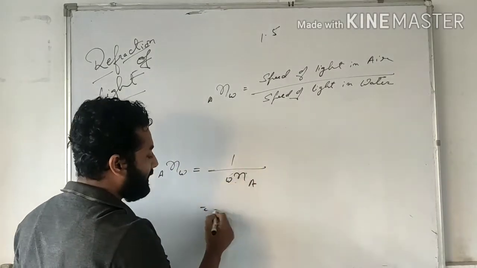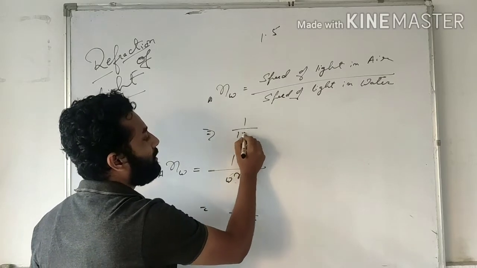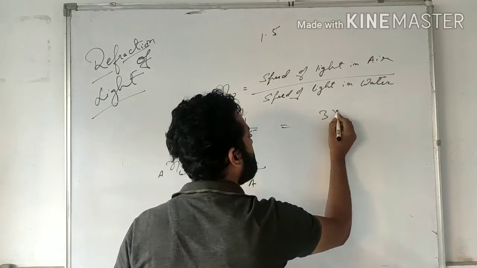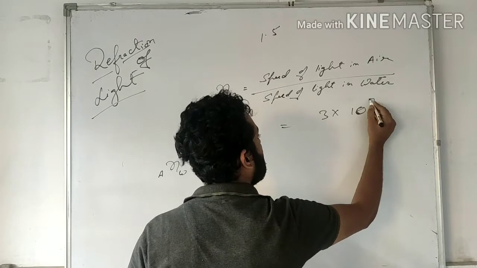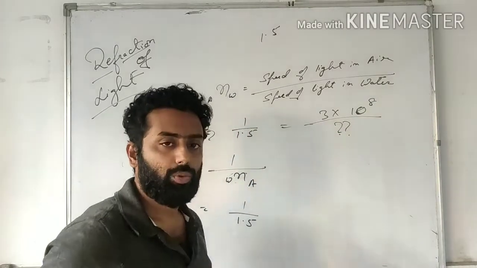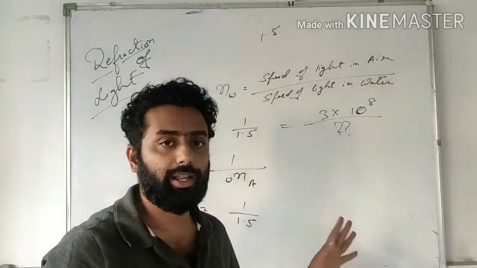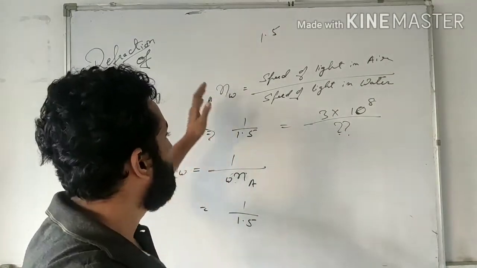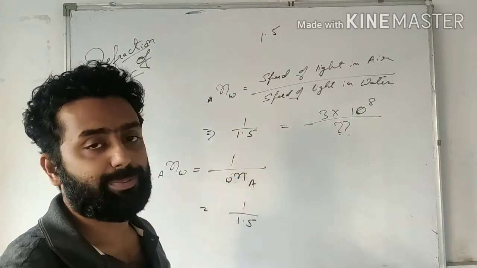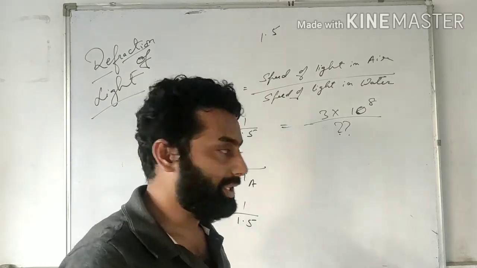So here we can put it like this and calculate the speed of light in water. So this relation we will be using to solve our numerical problems. This is how refractive index and speed of light in different mediums are related to each other.